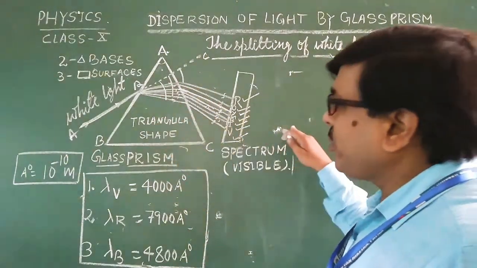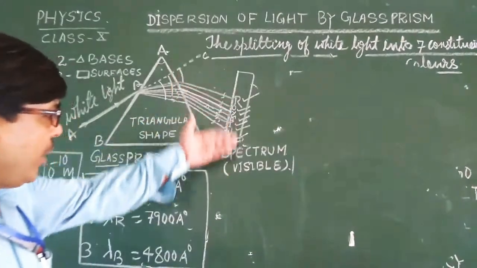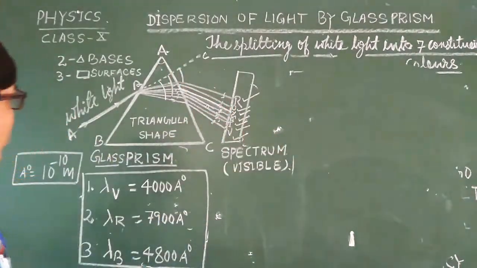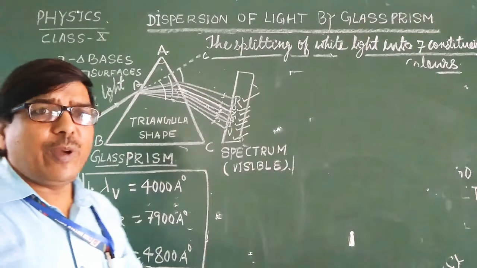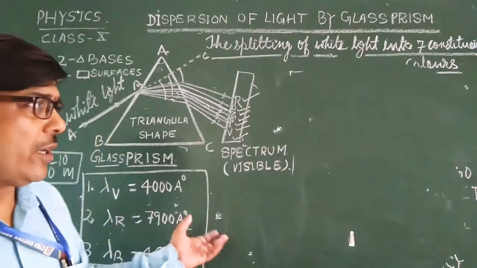So when it passes through the prism, it splits into seven constituent colors. So Newton discovered that white light is made up of seven constituent colors.